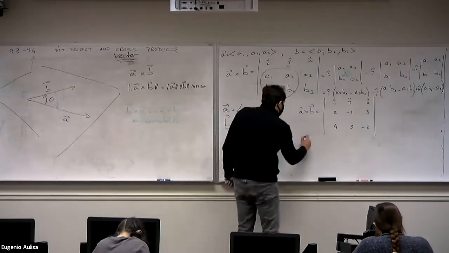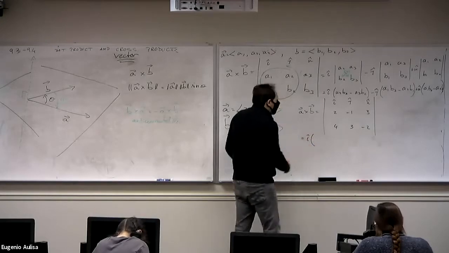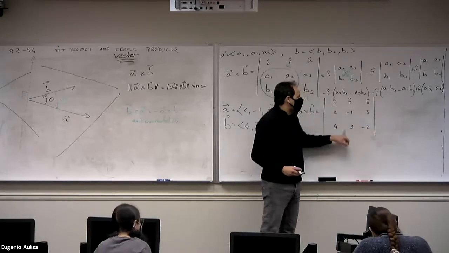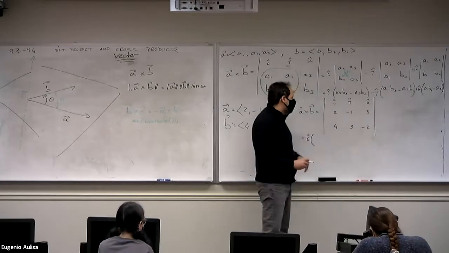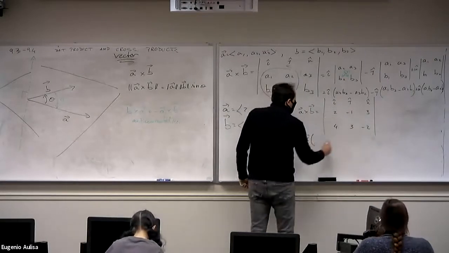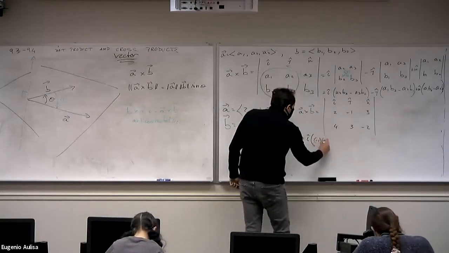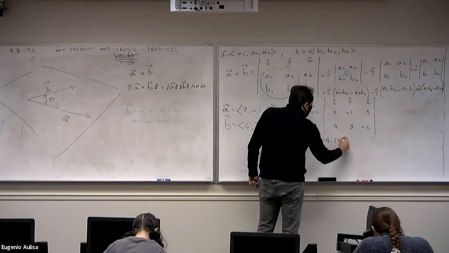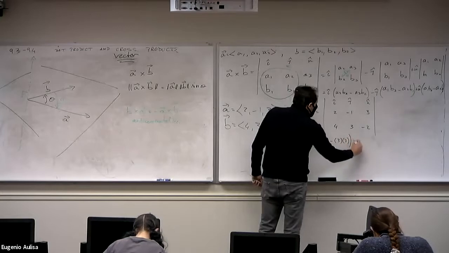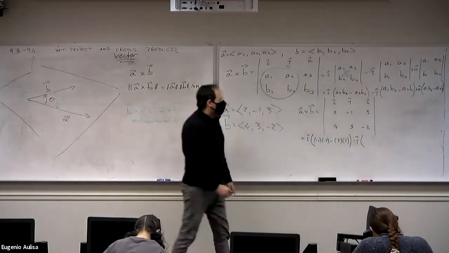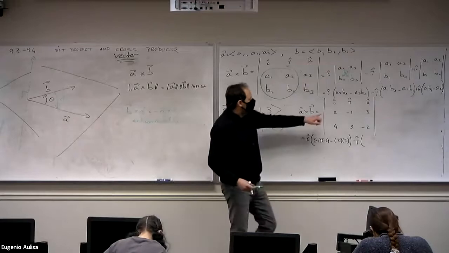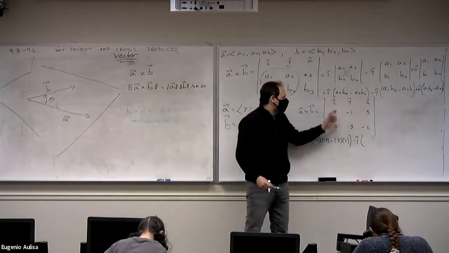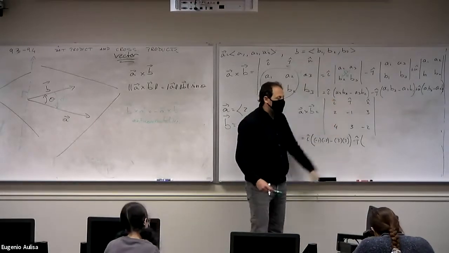And so it's going to be i, which multiplies the determinant of this minor. What is that? Negative 1 times negative 2 minus 3 times 3, minus j, which multiplies the determinant of the matrix when you drop the row and column of j.